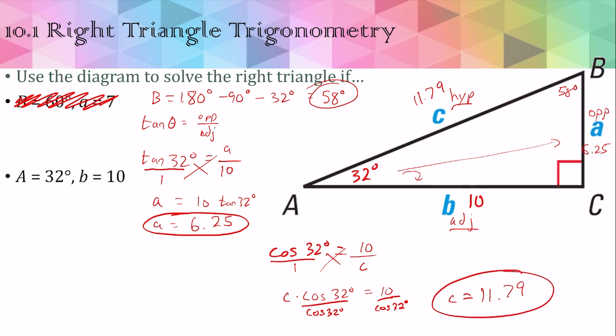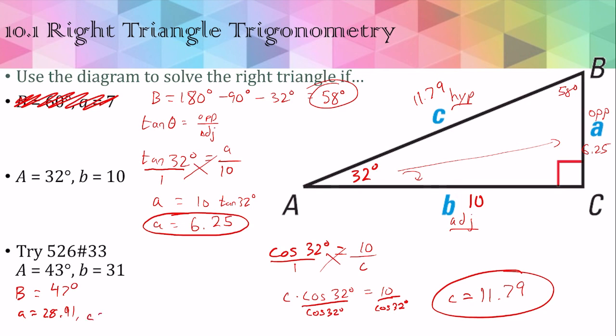We solved that triangle, found all the unknowns. Why don't you pause the video and try number 33. When you're finished, angle B should be 47. Side A should be about 28.91. And side C should be about 42.39.